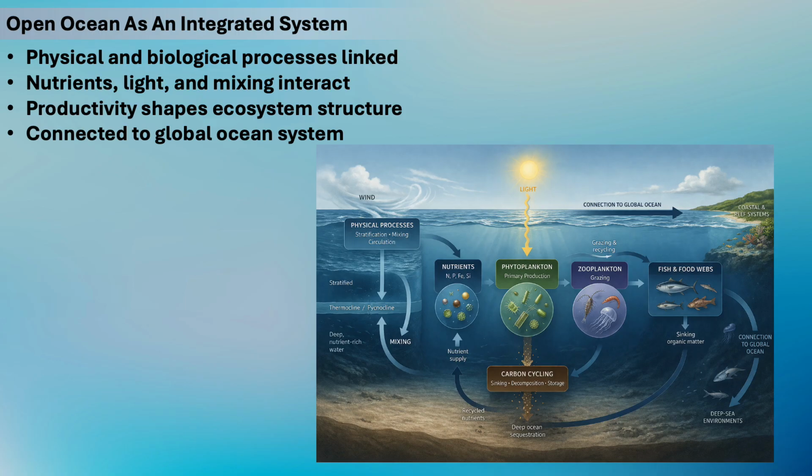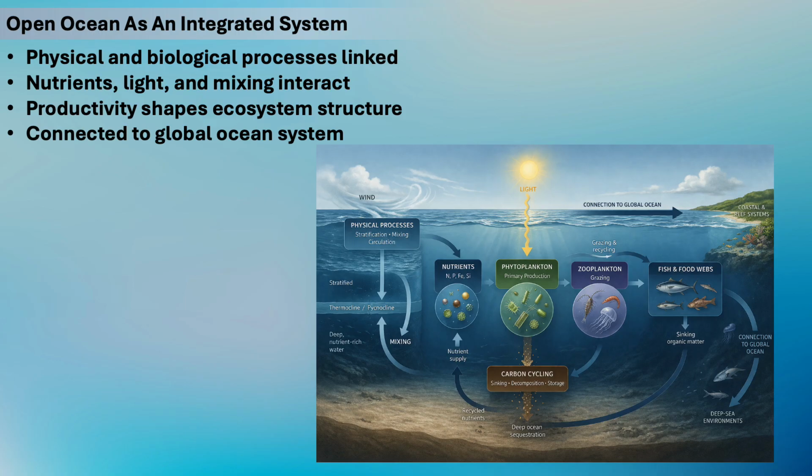These interactions extend beyond local scales. The open ocean is connected to coastal systems, to coral reefs, and to deep sea environments through the movement of water, organisms, and energy. What should become clear is that open ocean is not limited by a single factor, but by the interaction of multiple constraints. Light defines where production can occur, nutrients define how much production can occur, and physical structure determines whether those two conditions overlap.